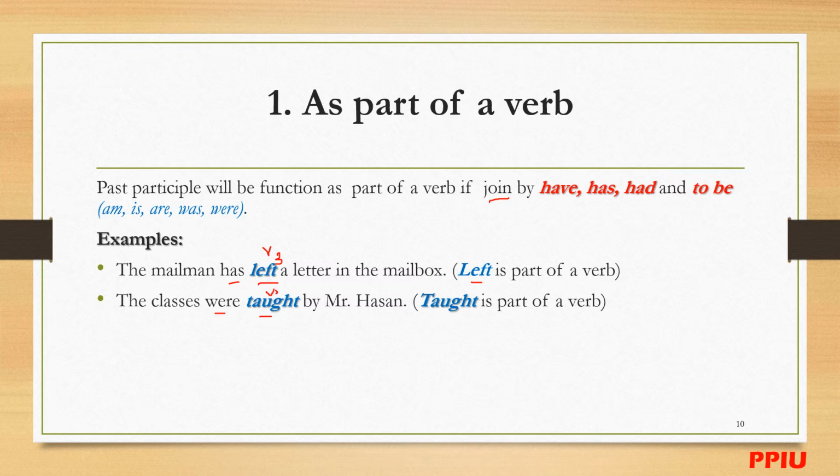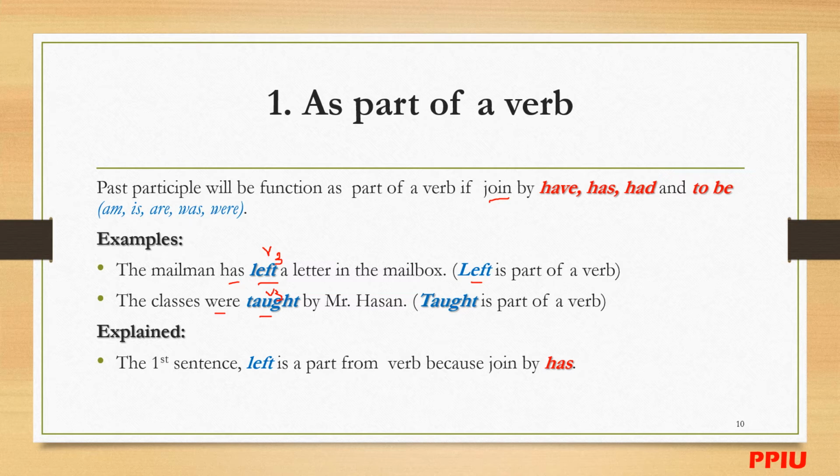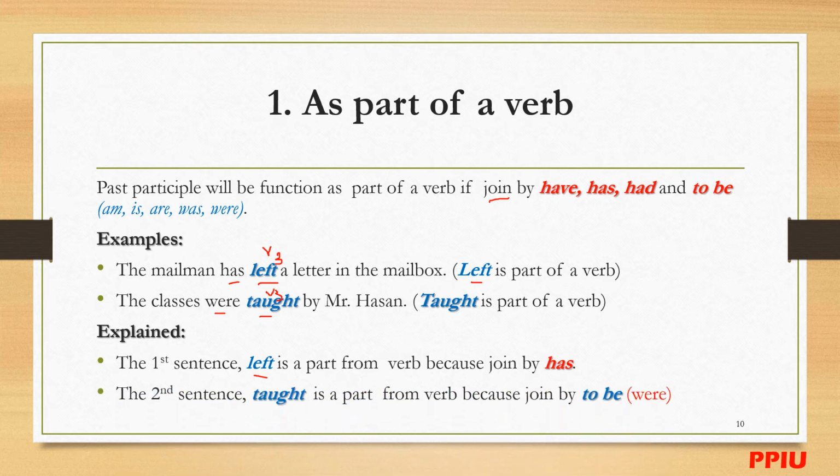To explain, in the first sentence, left is part of a verb because it is joined by has, right? The second sentence, touched is part of the verb because it is joined by the verb to be, were. You see?